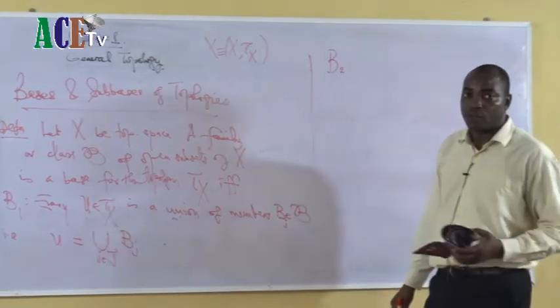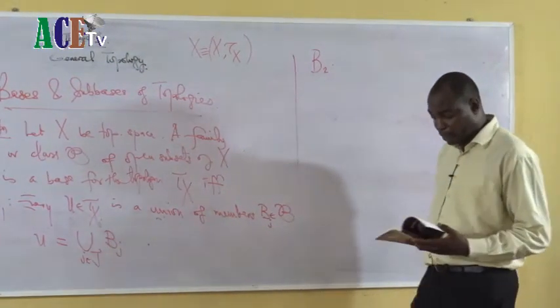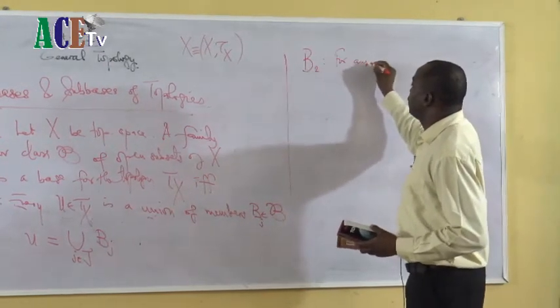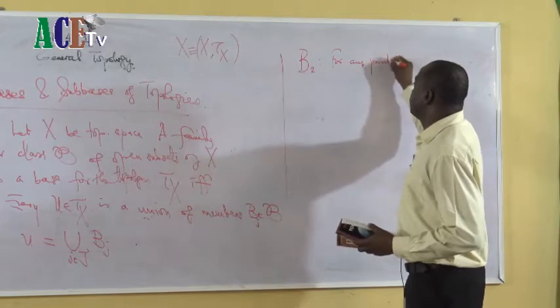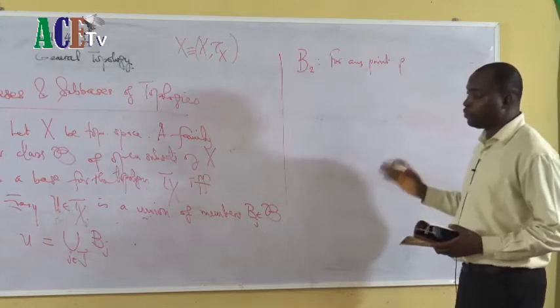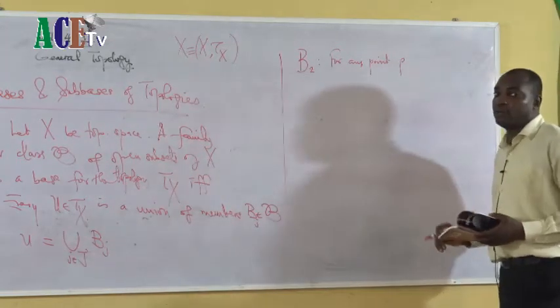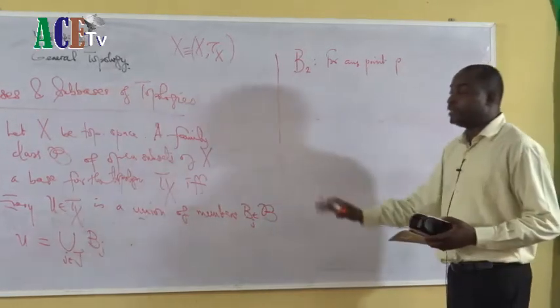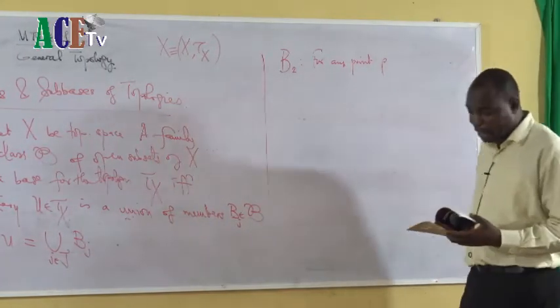Number two axiom that a base must satisfy is that for any point P, you know, we are considering point set topology. So you don't just talk of the set in isolation. You must consider the point.